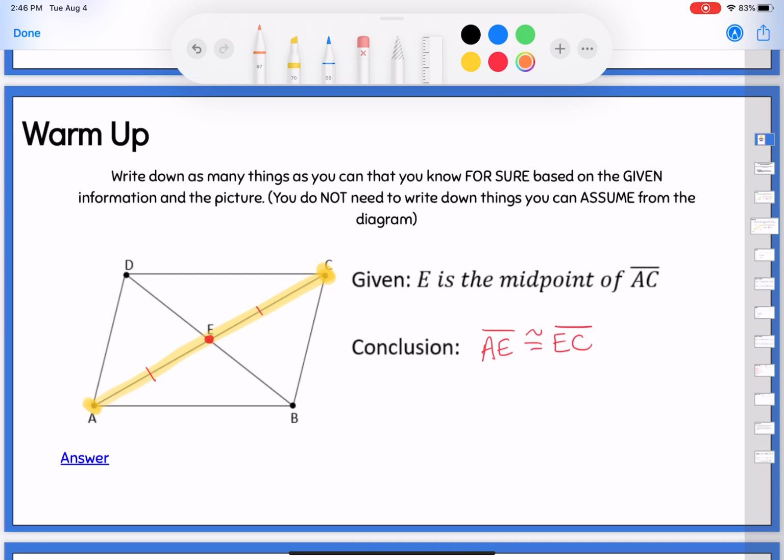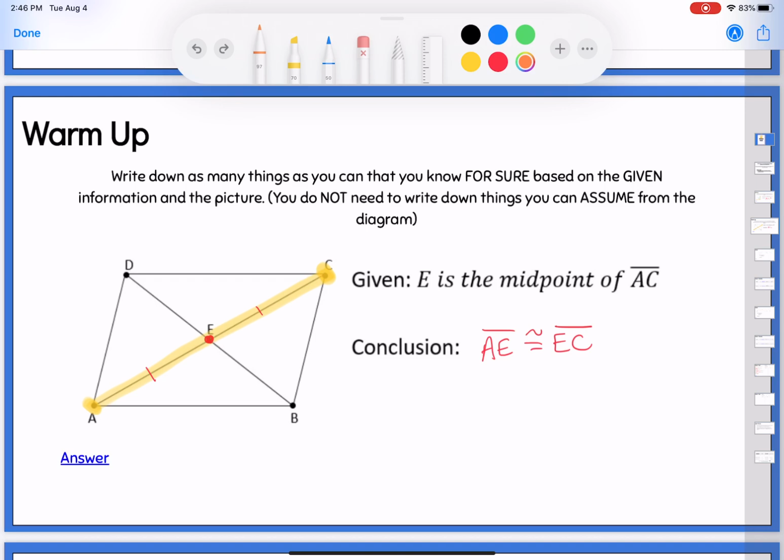Do I know for sure that DE is congruent to EB? Oh, no, I do not. I was not given that E is the midpoint of DB. So be careful that you don't jump to that conclusion. That's not part of the given. But if I have a midpoint, that means that that segment was bisected.